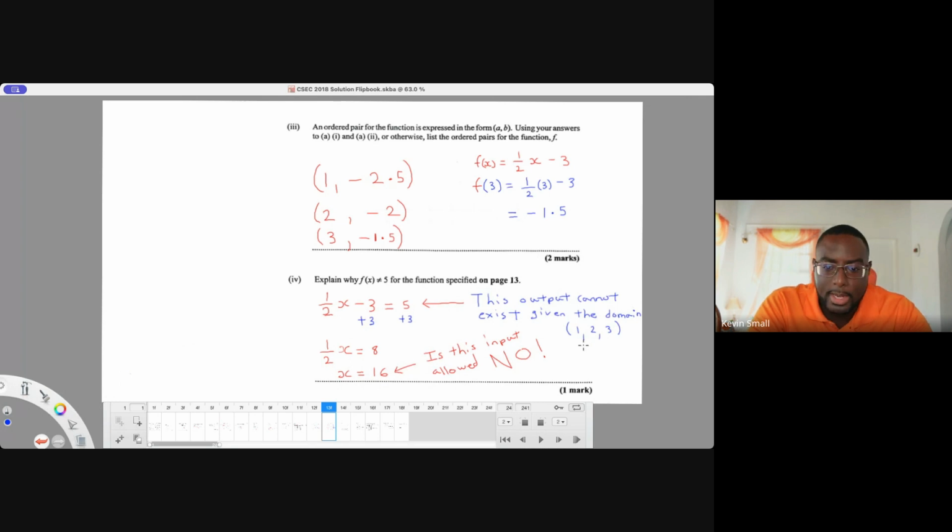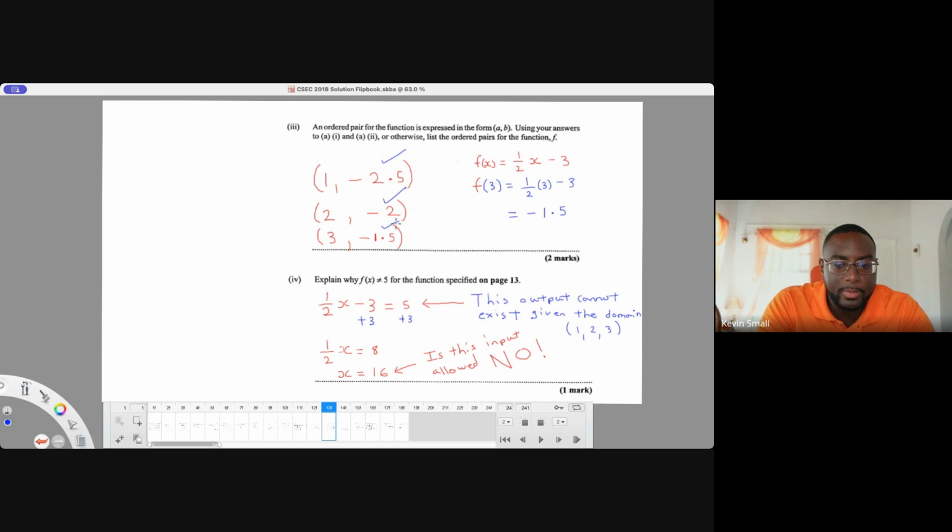Now, another way you could have solved this is you could have just looked at the three outputs that I had here, for 1, 2, and 3. I said, well, look, there's no 5 in none of them. The only possible outputs are negative 2.5, 2, and 1.5.